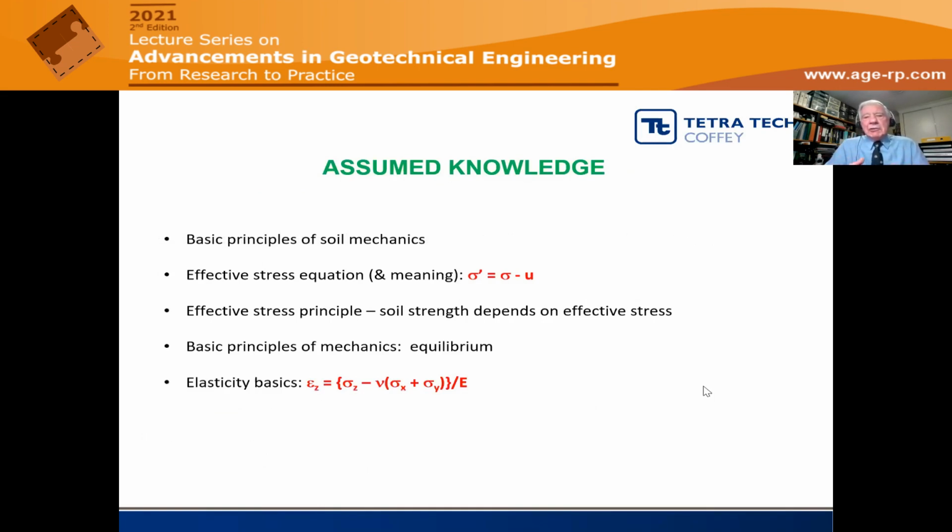Now, in this lecture, I'll assume that those involved are familiar with certain basics here. Firstly, the basic principles of soil mechanics, and in particular, the effective stress equation, which says that the effective stress is the total stress less the pore pressure, and the effective stress principle associated with that, which is that the strength of a soil and its behavior depends on effective stress, on that difference between total stress and pore pressure.